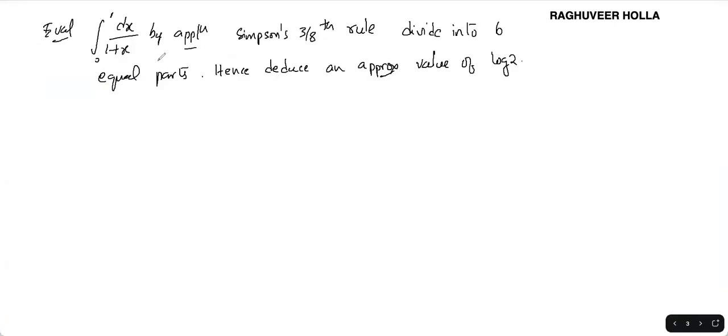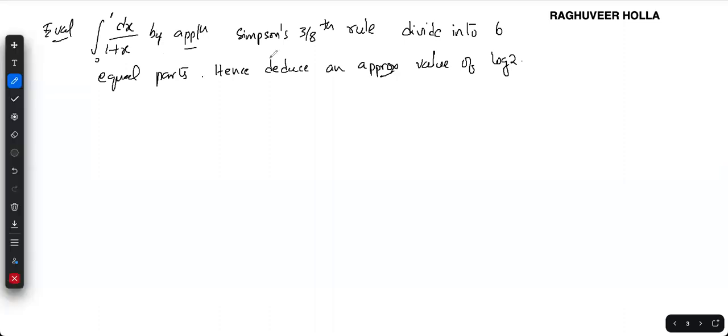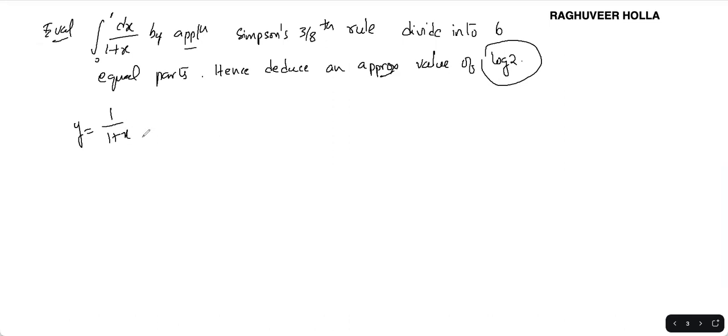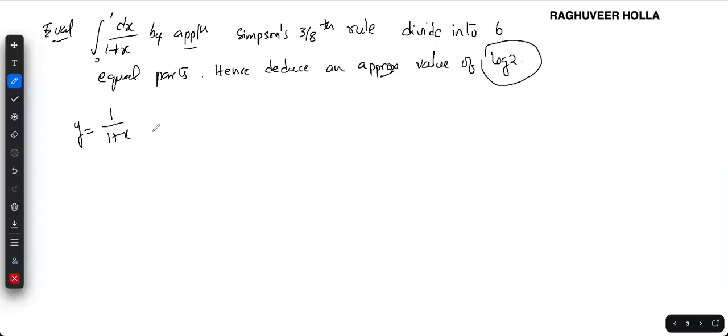So let us have a look at this problem. Now I'll be using Simpson's three-eighths rule, dividing into 6 equal parts, and hence also find this log 2. Your y is here 1 divided by 1 plus x. Into 6 equal parts, x0 is 0, xn is equal to 1, as in the previous case. h is 1/6.